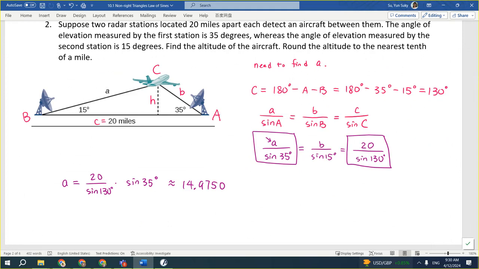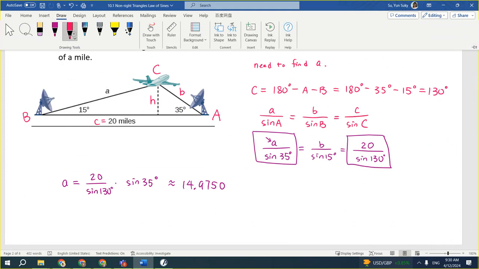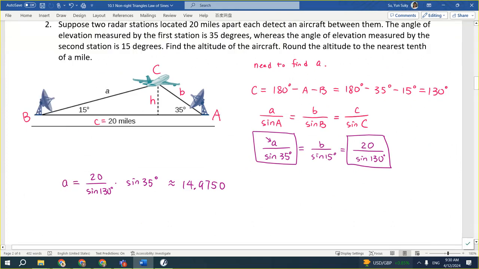Okay. Now, H. Look at H. We have the right triangle here. That's H, that's A, that's 15 degrees. So we know opposite over hypotenuse is what?